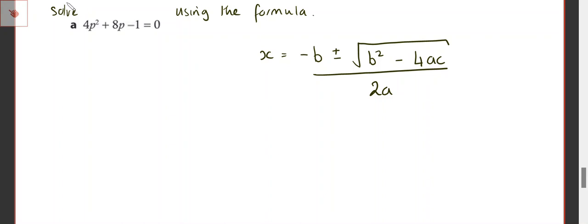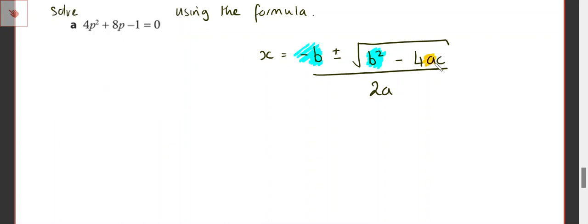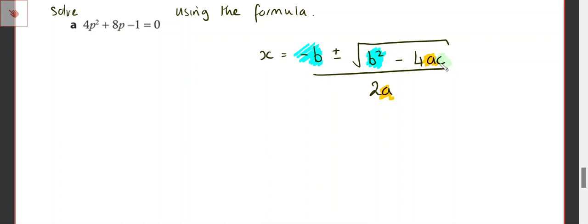So remember before what I said, the important bits are we've got a b, an a, and a c. And we've got to determine what a, b, and c need to be. So do you remember which one was which? So a equals, b equals, c equals. I would always write this when I do this language.